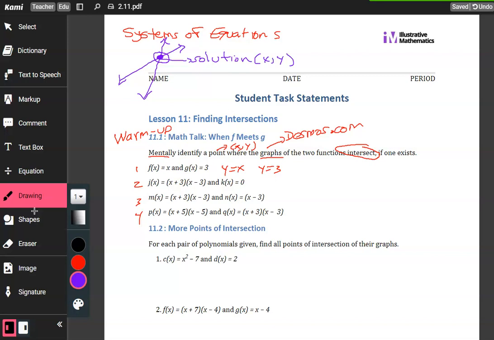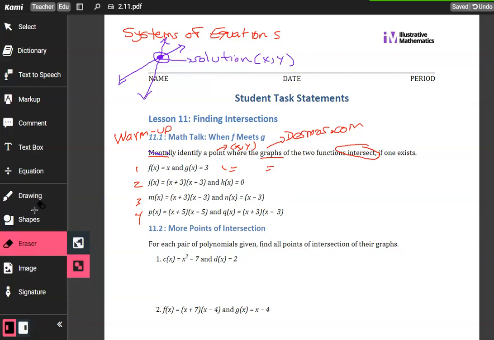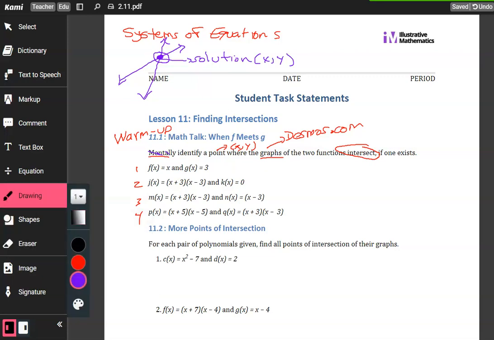So one way of doing it, don't worry about the mentally part here, but what this warm-up is asking for is the following. You have two equations.